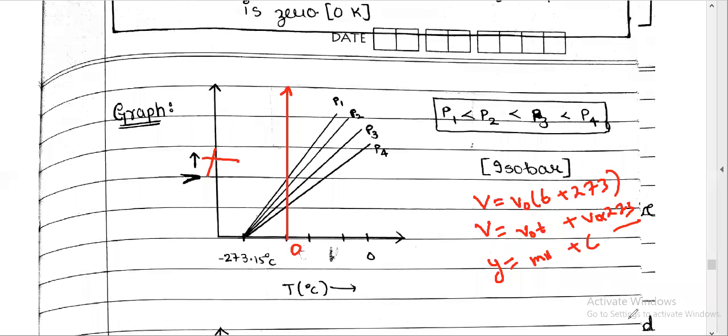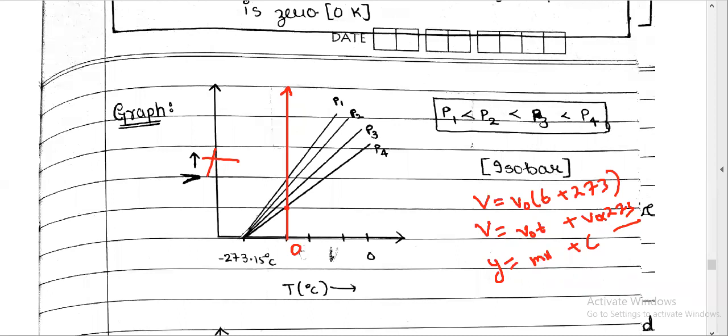Can you hear me? Now, if x is 0, y will be c. So if x is 0, y will be c. And only when x is negative will y be 0.